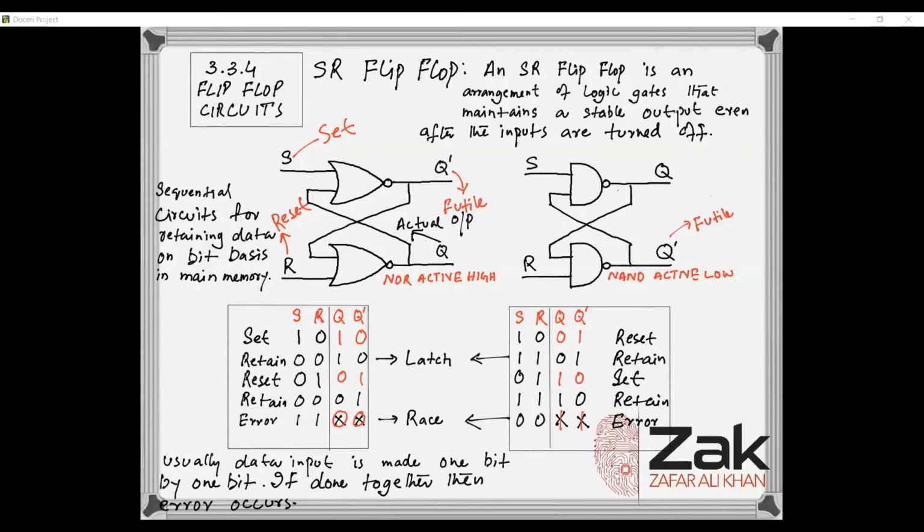Now, as you can see, there are two constraints with these SR flip-flop circuits to retain the data. Number one, these circuits present an error. Number two, you cannot change both inputs together.